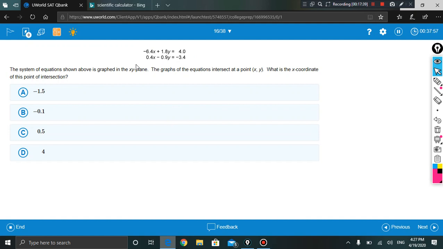Try to solve it while I do that. So the x-coordinate of the point of the intersection is 0.5. Next.